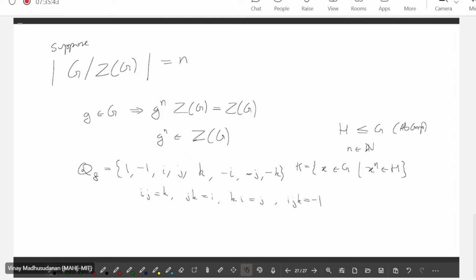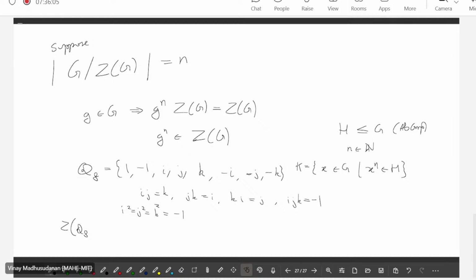But then from that you can get the implication that ji is equal to minus k, kj is equal to minus i, ik is equal to minus j. Another statement here is i square equal to j square equal to k square equal to minus 1. Okay.